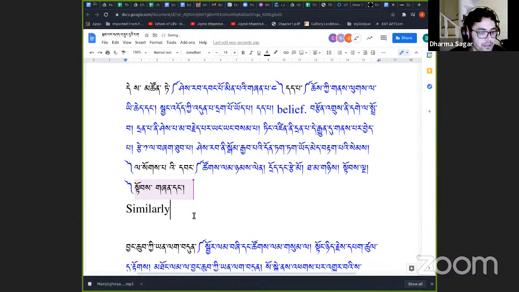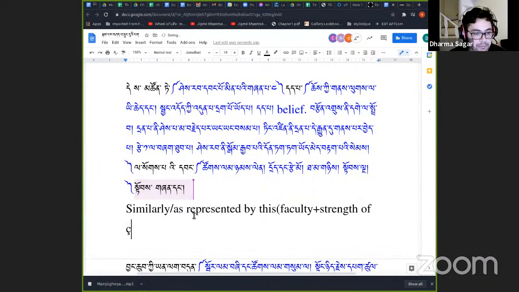And similarly, as represented by this, meaning the faculty plus strength of wisdom.